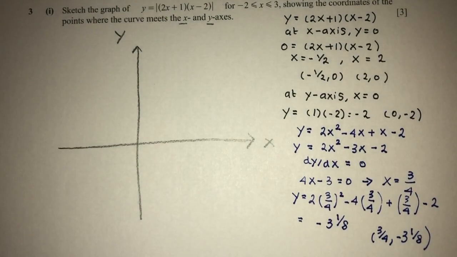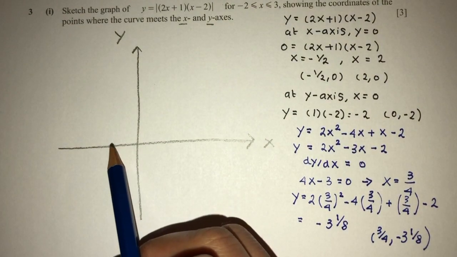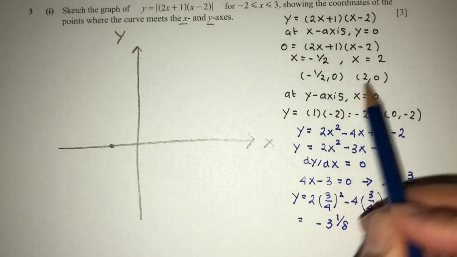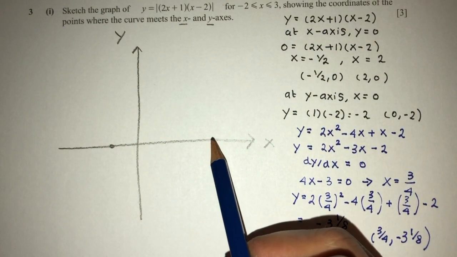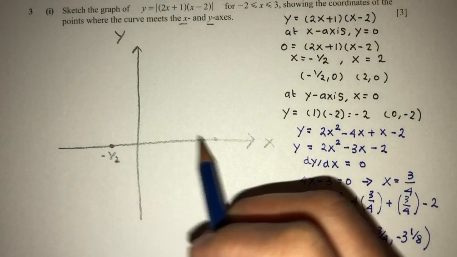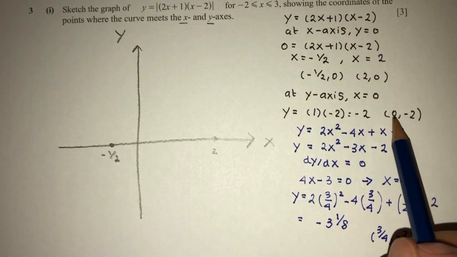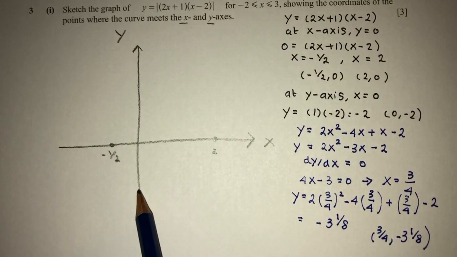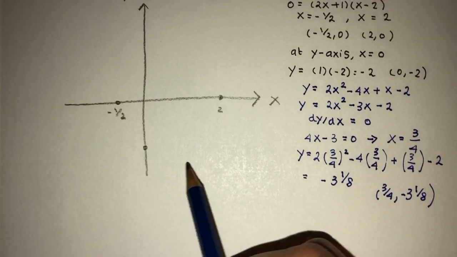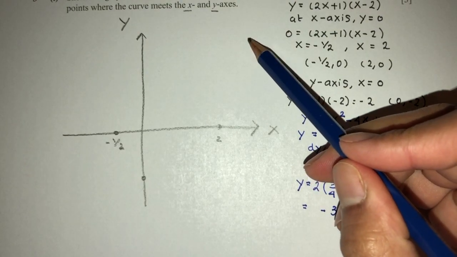Now, let me first put all those points that I know. Let's say this is minus half and 2. And then we have this point, (0, -2), let's say it's here, for example. And then this point, let's say it's somewhere over here, if that makes sense. So it should be looking somewhat like this.